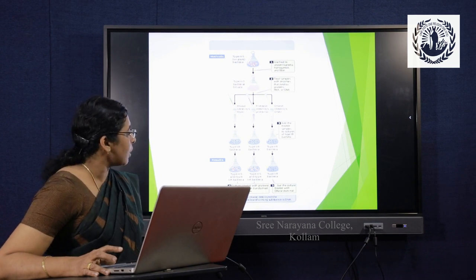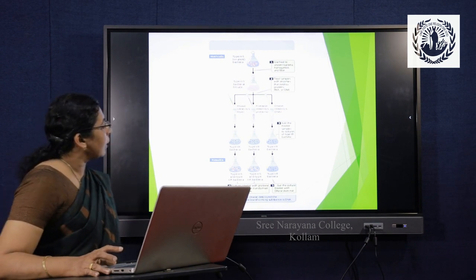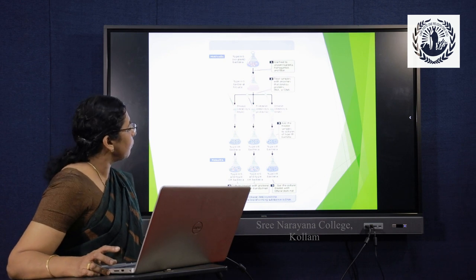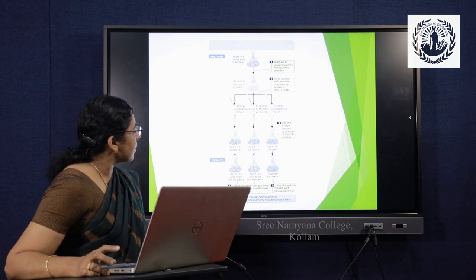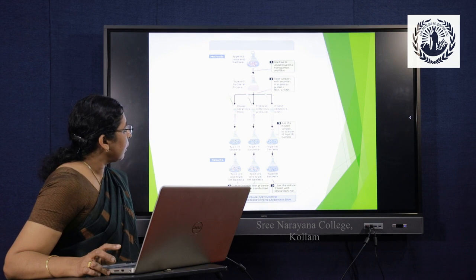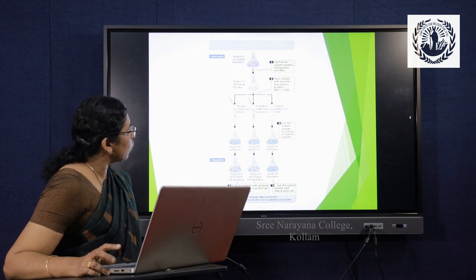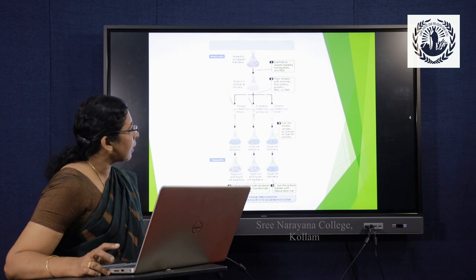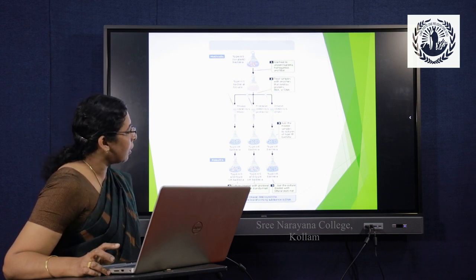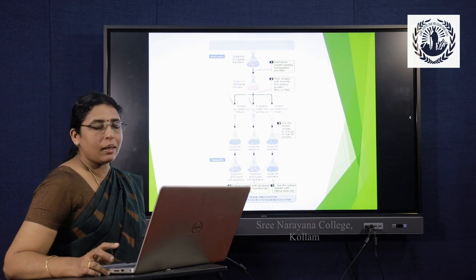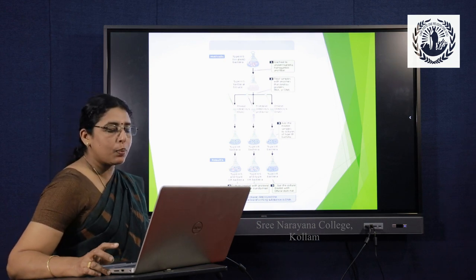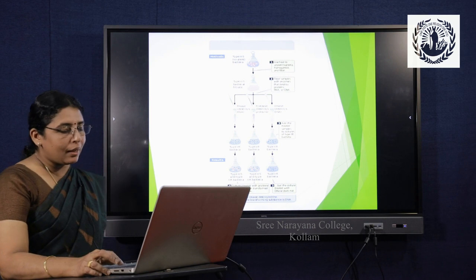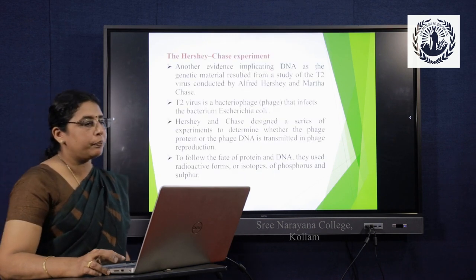And here we can see that in the cultures treated with protease and RNase, type 3S and type 2R bacteria are there. But in the culture treated with DNase, only type 2R bacteria are there. So from these experiments, it is clear that DNA is the genetic material.